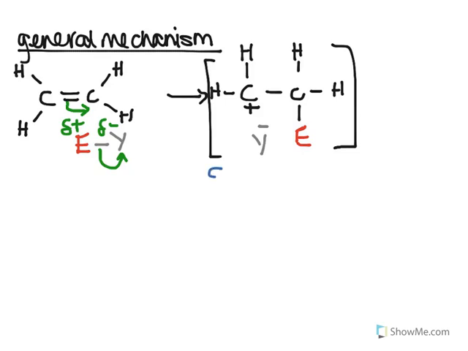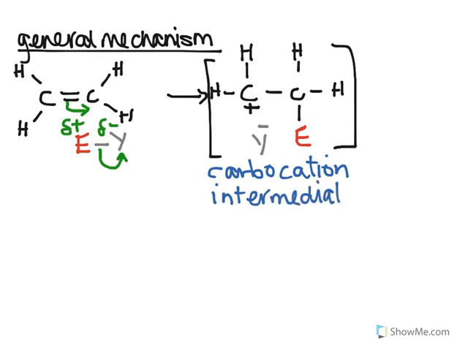We call this intermediate a carbocation, cations being positively charged, and carbo because it's on the carbon. This is an intermediate. It doesn't really exist, it's a stage it goes through, or exists very briefly. And the next step might seem a bit obvious.